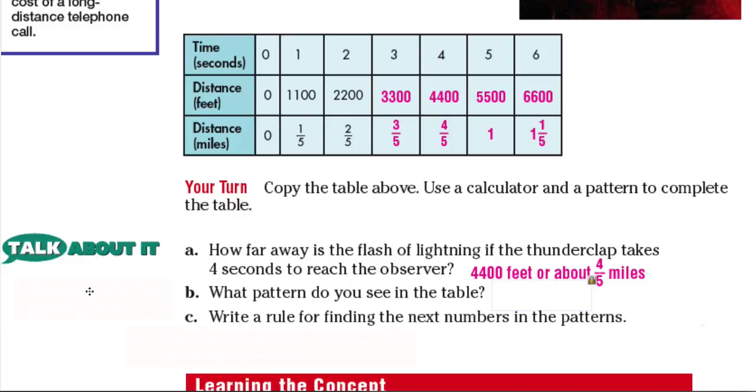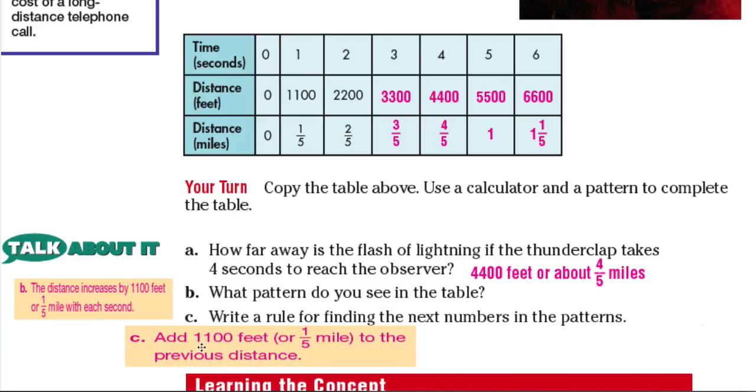The distance increases by 1,100 feet, or 1/5 of a mile, with each second. And write a rule for finding the next number in the pattern. That's easy enough. We simply add 1,100 feet, or 1/5 of a mile, to the previous distance.